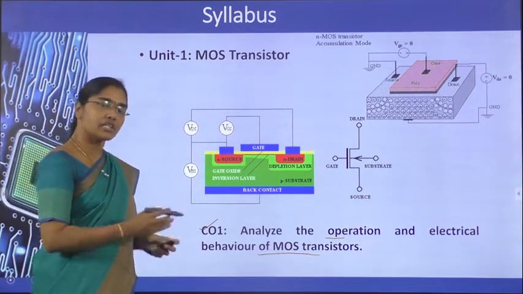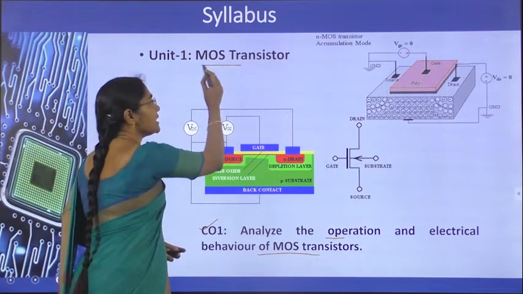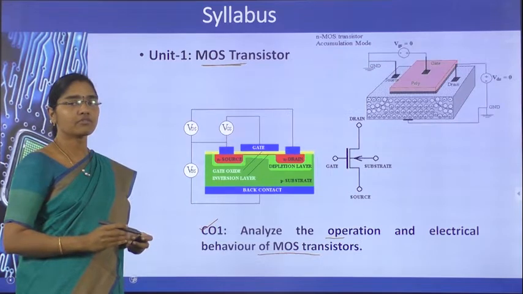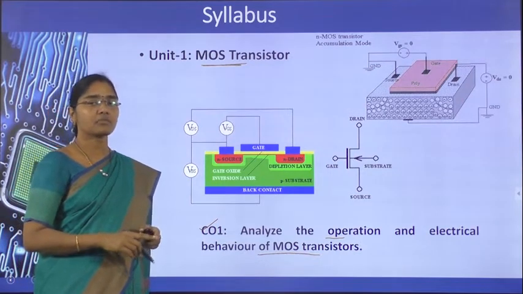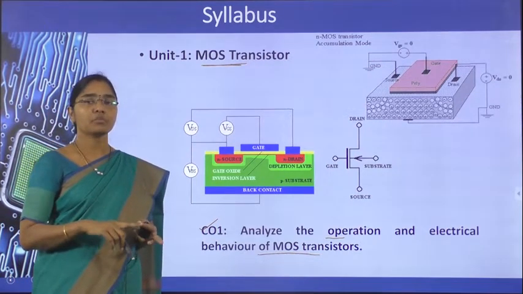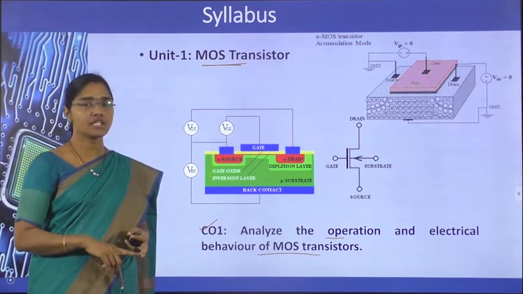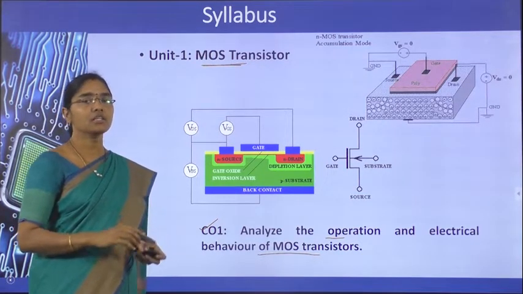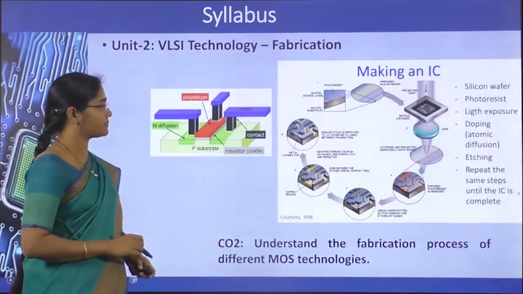Means this unit covers completely the characteristics of MOS transistor, starting from the MOS transistor structure, MOS transistor operation, MOS transistor IDS versus VDS characteristics and application of this MOS transistor in different circuits.